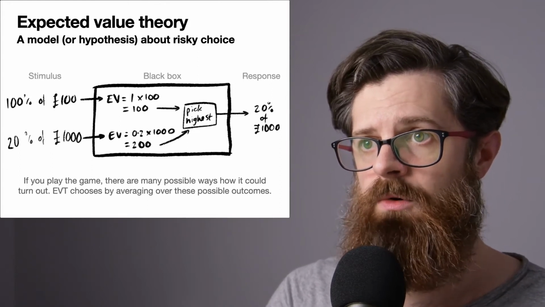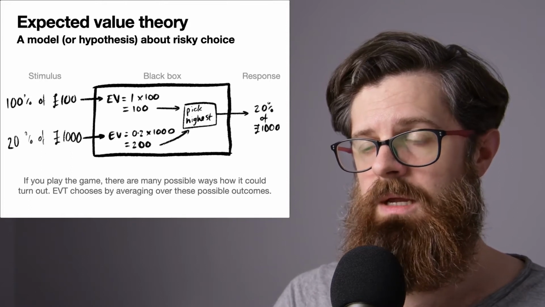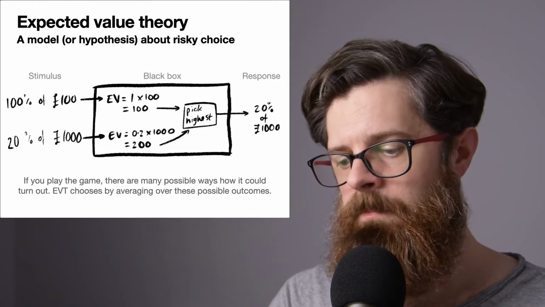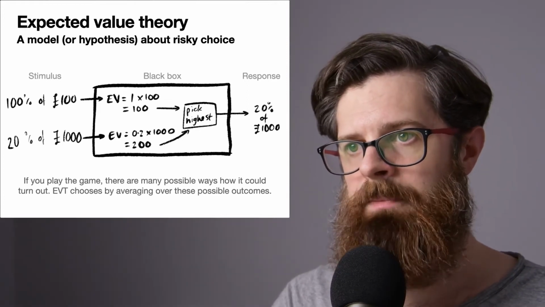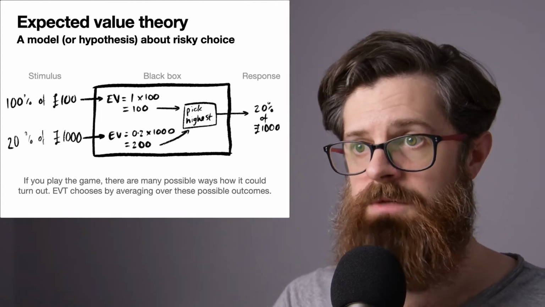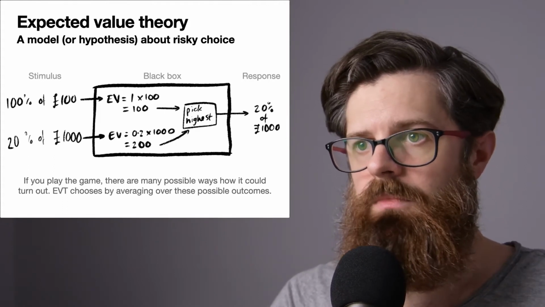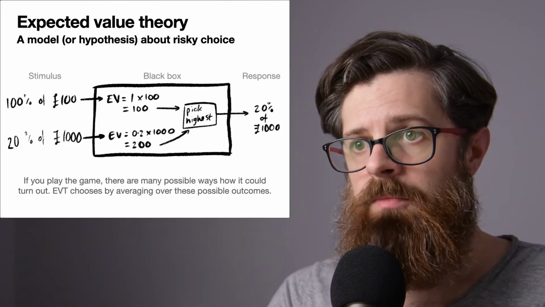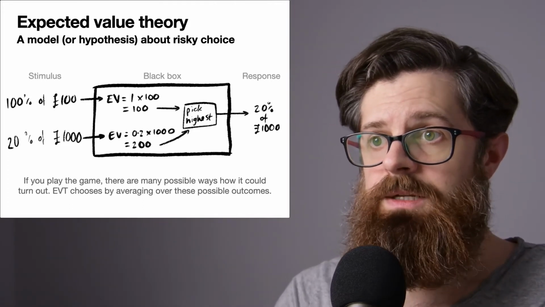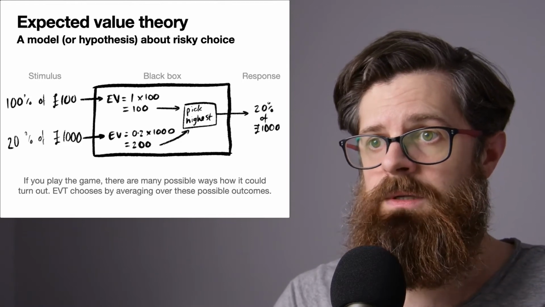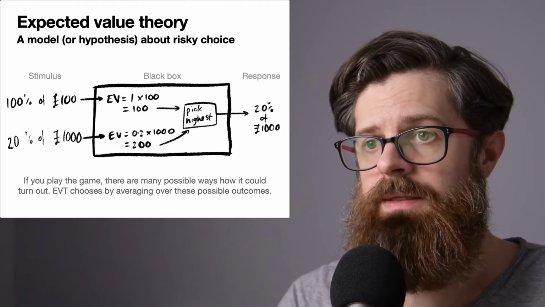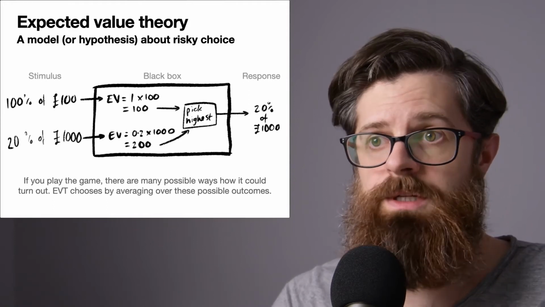But the proposal of expected value theory is you try to think of all the possible outcomes that might happen. What is the average one? What is it that I expect to happen? In this example, you would take 20% of £1,000. So we do 0.2 times 1,000, and that gives us 200.